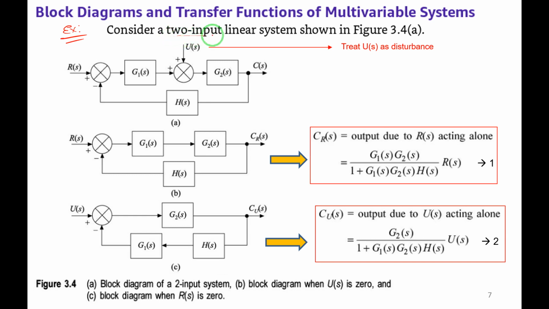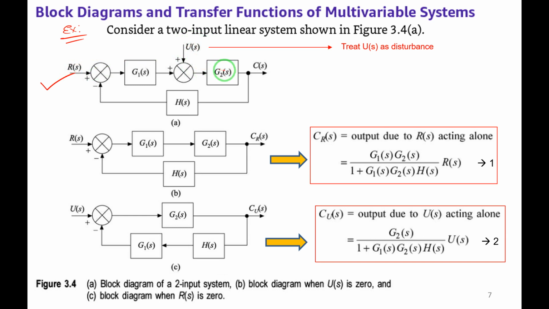So consider the two input linear system shown in figure 3.4a, the first one. You can observe here R of s is the input, this is the summing point, g1 of s is the forward path transfer function, and one more summing point is there, and we are adding one more signal here, another input u of s. R of s is one input and u of s is another input.